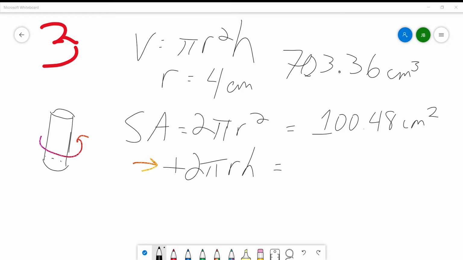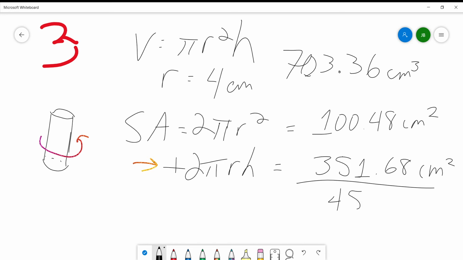The second part, 2 times 3.14 times 4 times 14, how high it is, is 351.68 square centimeters. We add these two together and get 452.16.